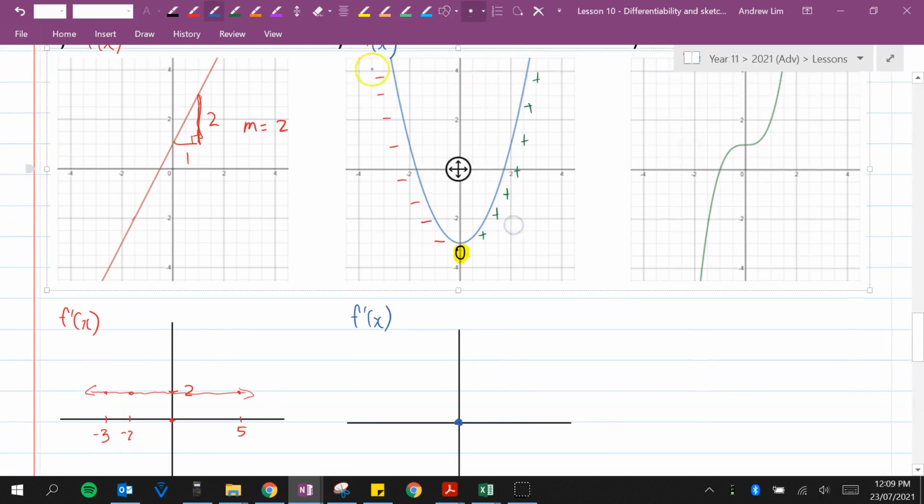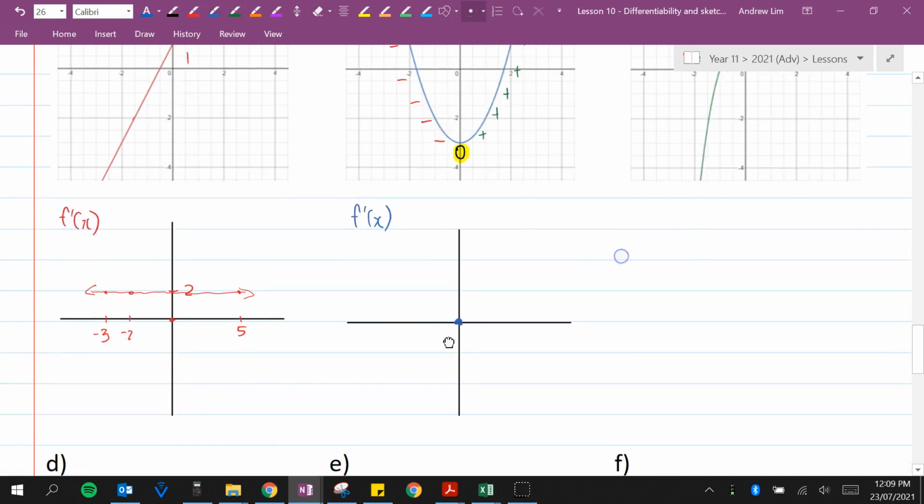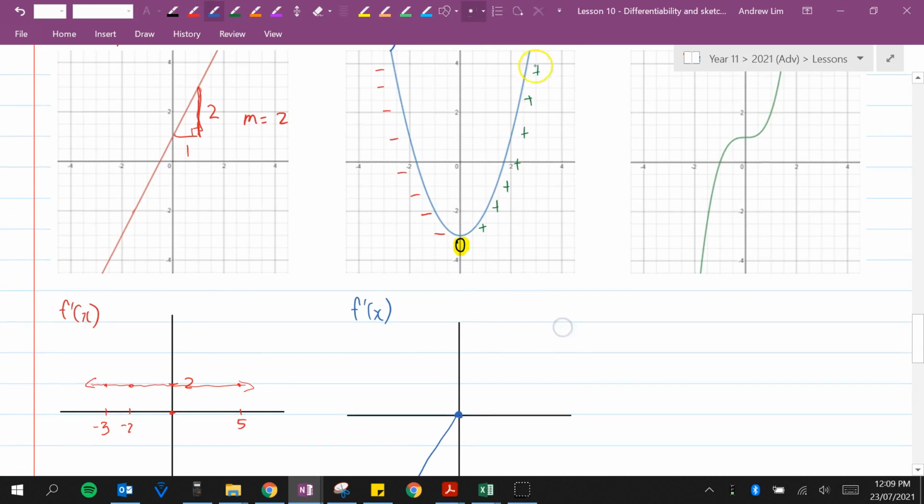This part tells me that to the left of x equals 0, the gradient function will be below the x-axis. This part here, because they're all pluses, tells me that to the right of x equals 0, my gradient function is going to be above the x-axis. And that's it.